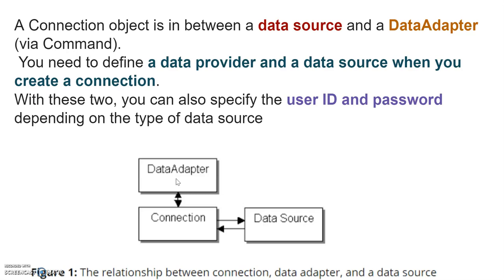Just like suppose you want to display all the table content, then you write a query such as select star from that particular table name. So in that way you are retrieving that particular output from the table. This command will be provided to the connection, and then the connection will interact with the data source.